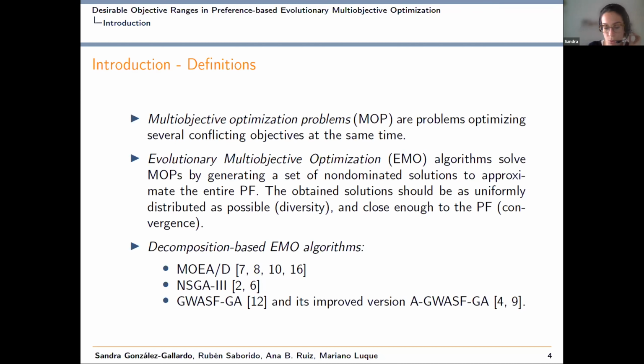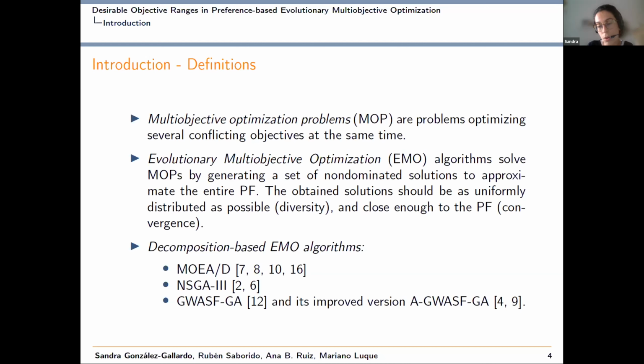In these solutions, one objective cannot be improved without degrading at least one of the others. All Pareto optimal solutions comprise the Pareto optimal set in the decision space and the Pareto optimal front in the objective space. In order to solve these problems, we are going to focus on evolutionary multi-objective optimization algorithms.